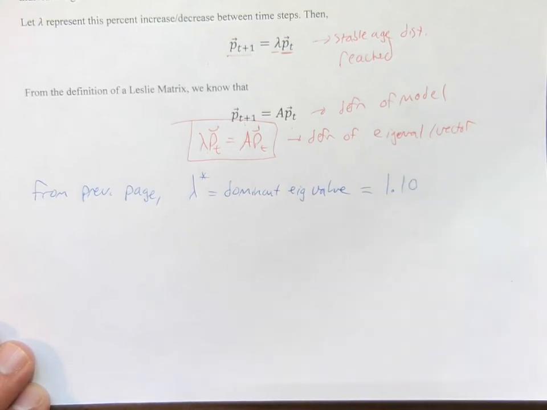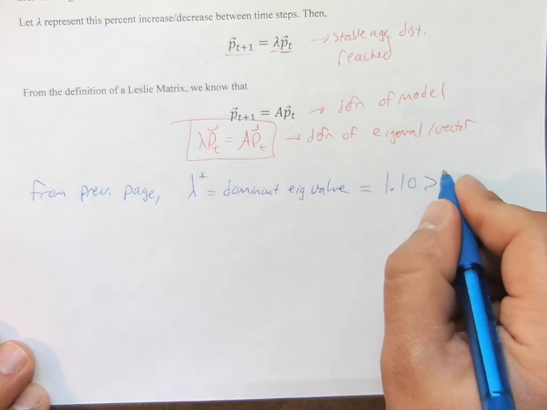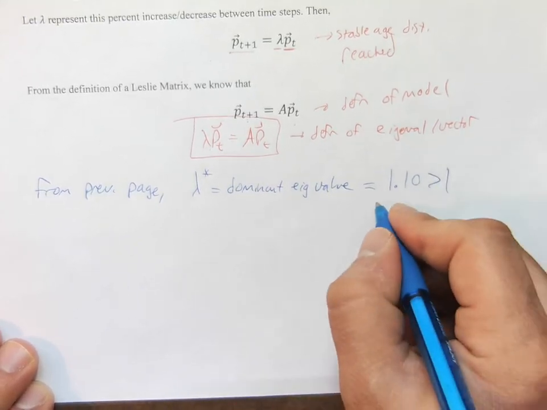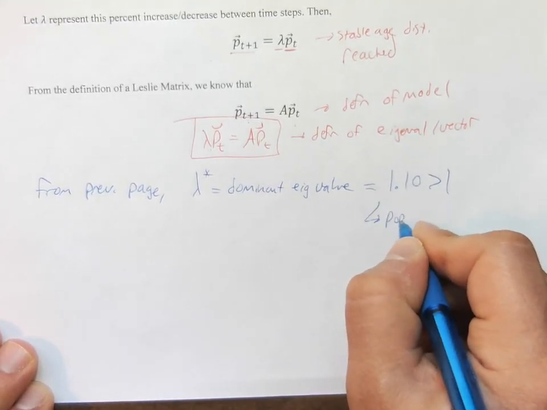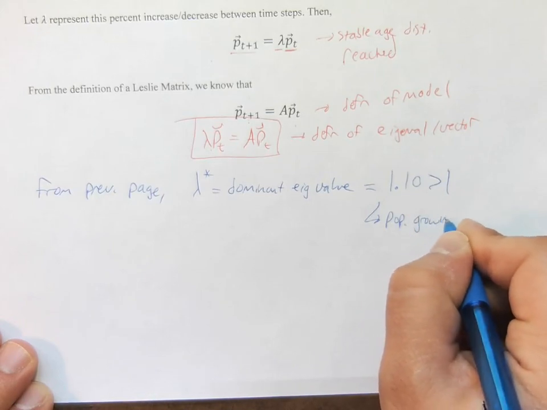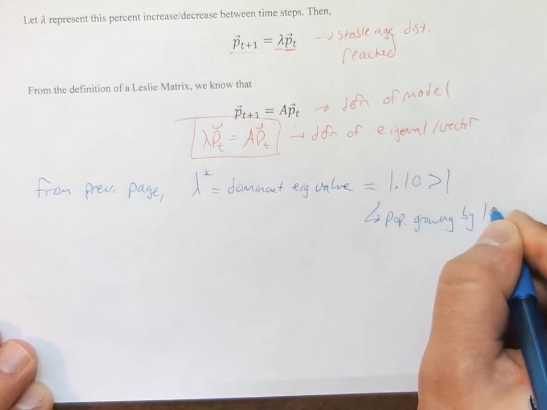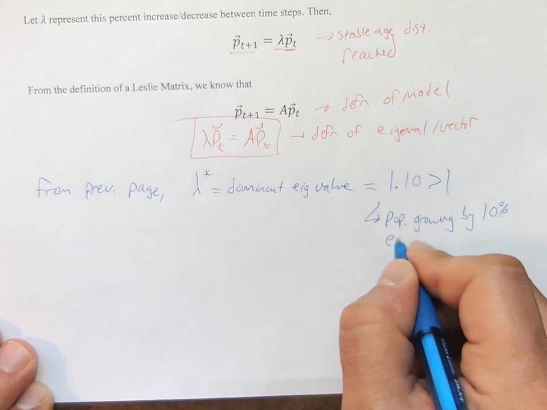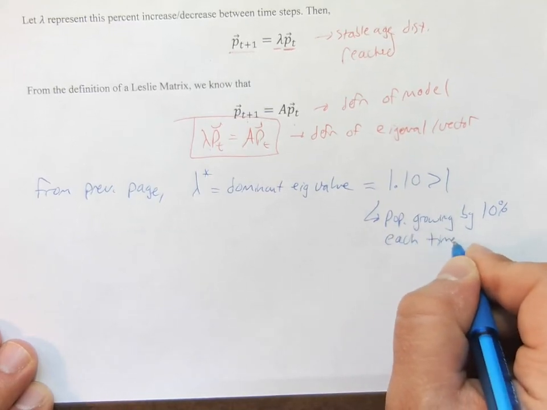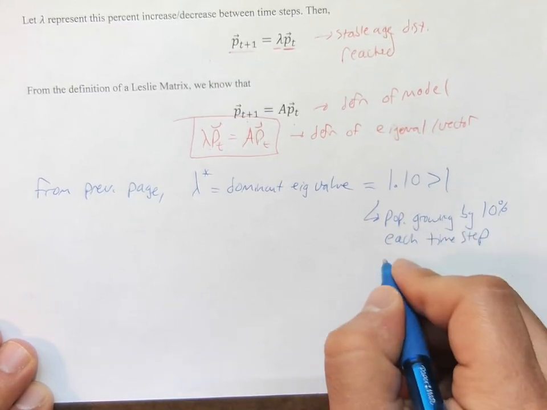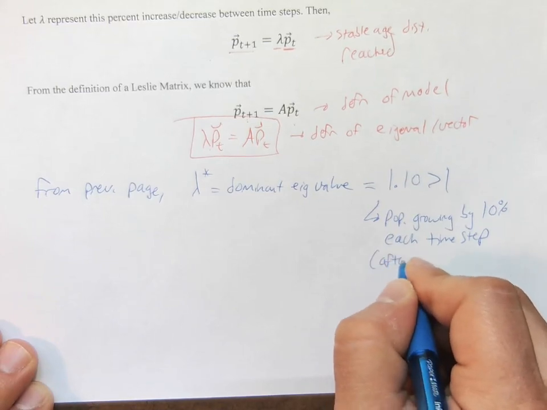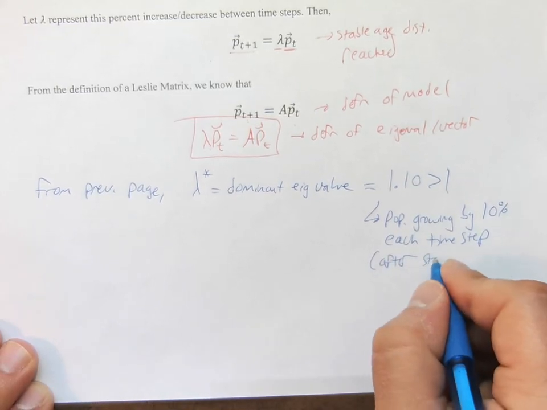And so that's the biggest one. And that's bigger than 1. So this is telling us that the population on the last page is growing by 10% each time step, after the stable age distribution is reached.